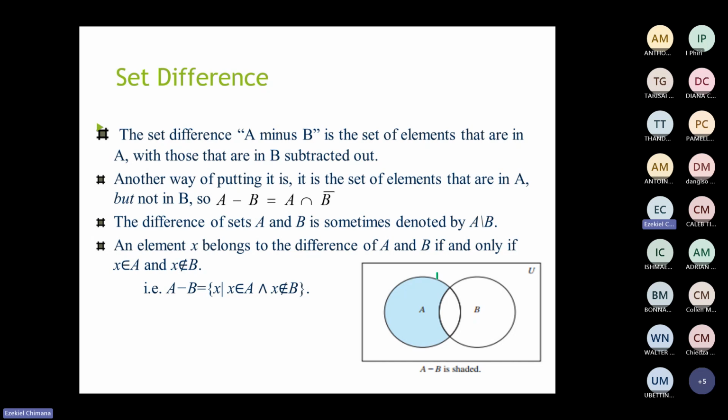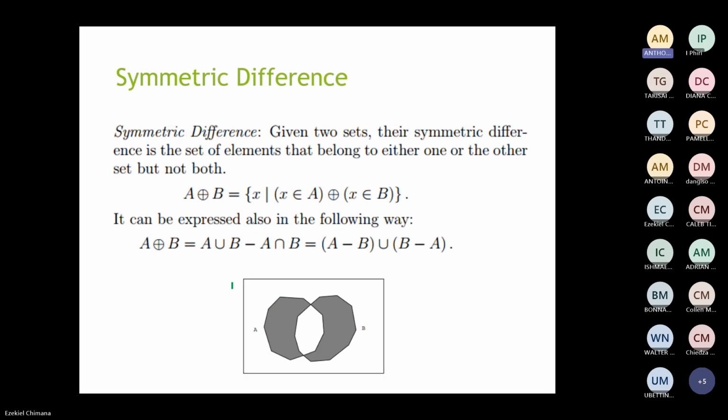When you are saying A minus B, you are just saying we want those things which are only in A but not in B. That's why A minus B is also equal to A intersect the complement of B. So the set difference is the set of x such that x is an element of A and x is not an element of B. That's the set difference. We can continue to the next slide.